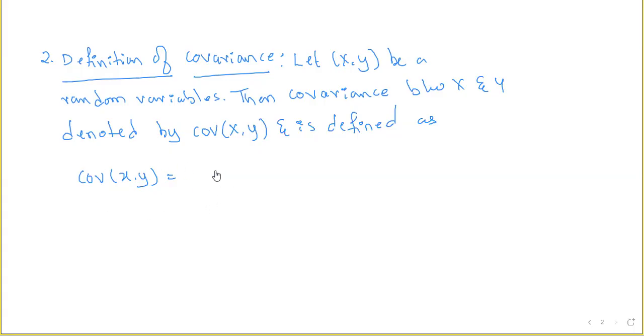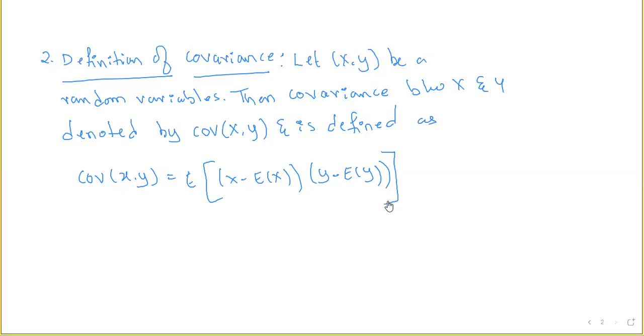But here covariance is given by the expected value of (X minus expected value of X) into (Y minus expected value of Y), the whole expectation, right? So this is the definition of covariance.